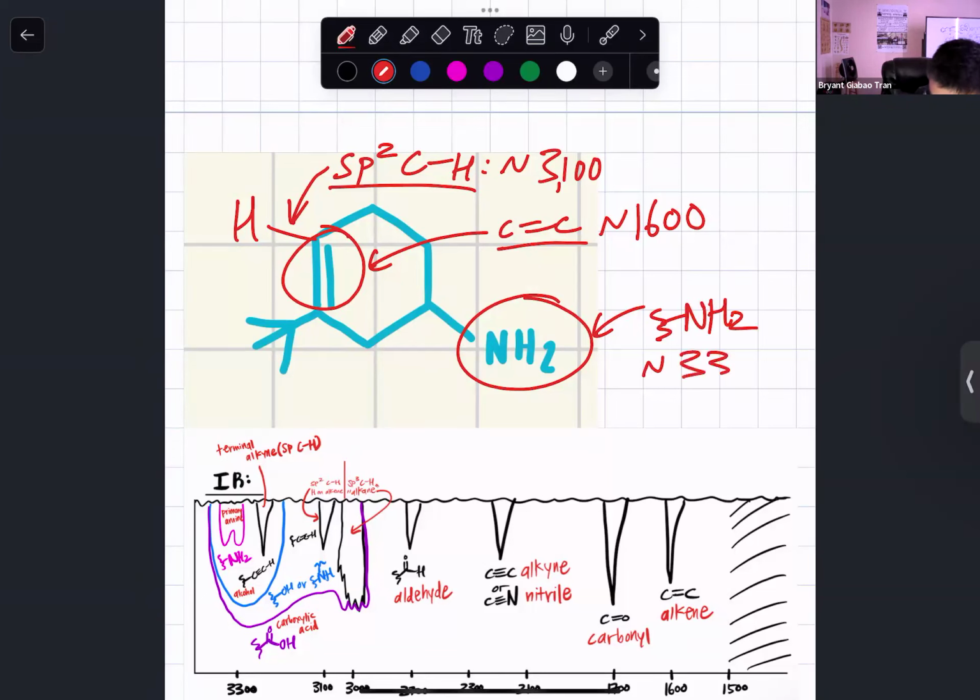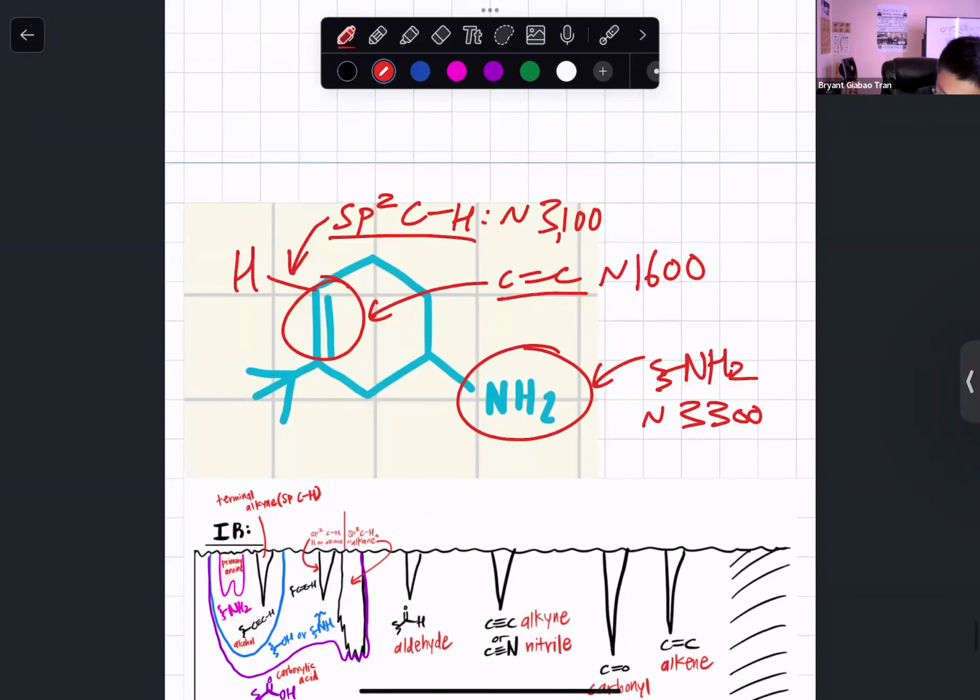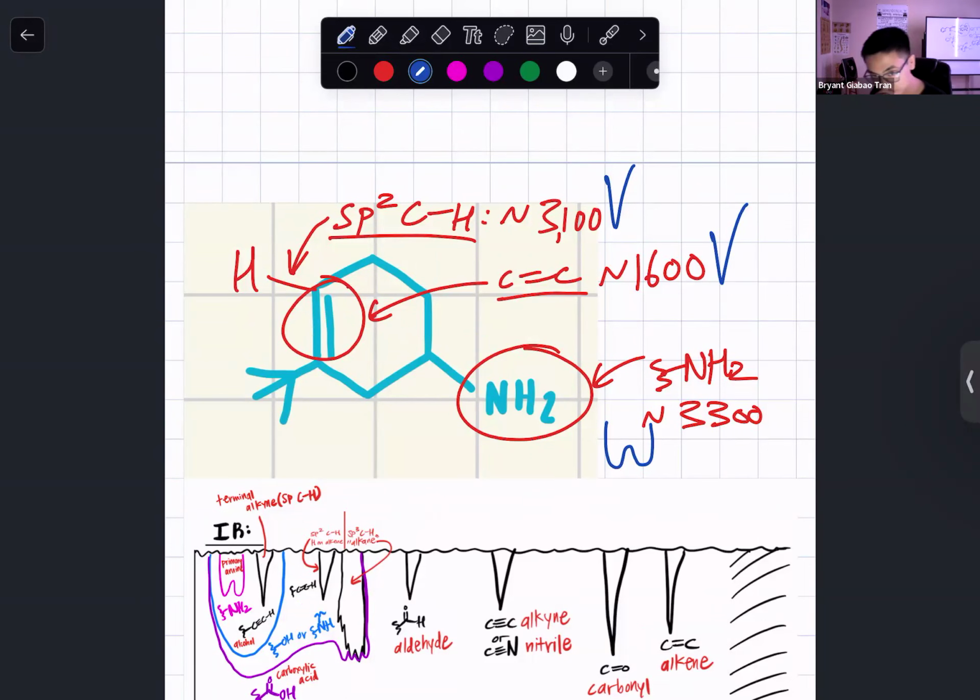Around 3300. And if they wanted you to describe the shape, the sp2 CH is going to be a sharp peak, the C double bond C is going to be a sharp peak, and the primary amine is going to be this fang-looking structure, around 3300. Right, like that. And that should be your answer to that question, Elysia.